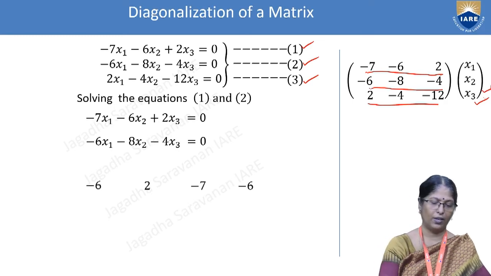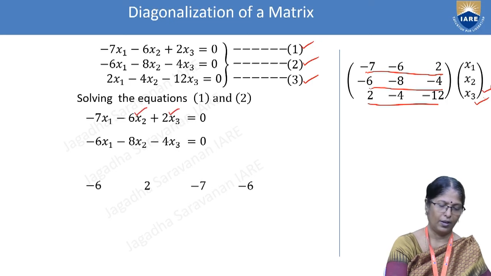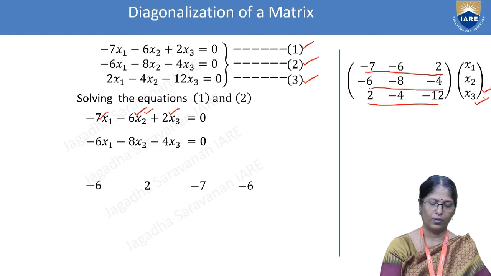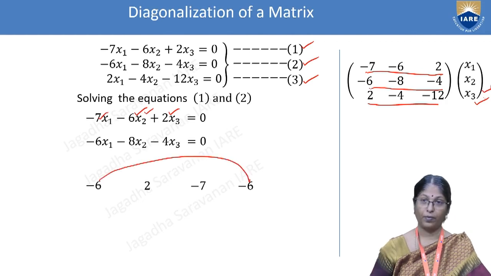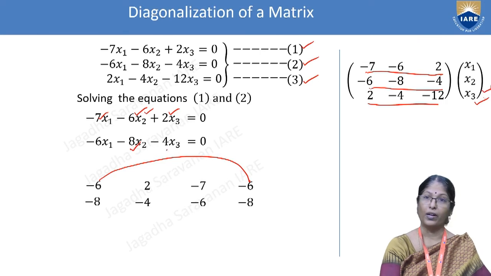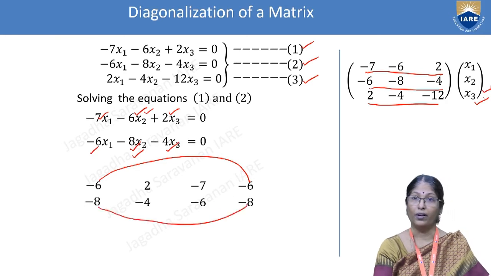Here we can see minus 6 we started, plus 2 started. Next x1, we stopped at x2. Next we started minus 8, minus 4, minus 6, minus 8. Where we started, we ended.